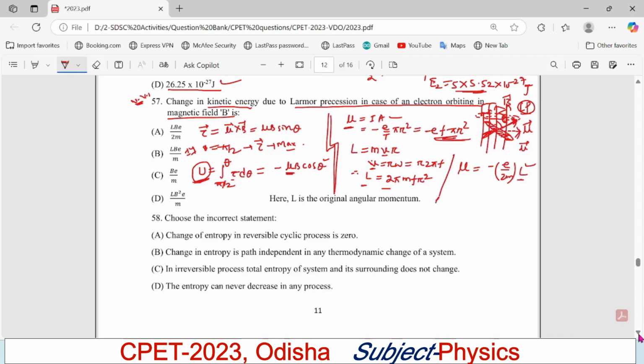So this will be e B L by 2m. You just put this value over here. So minus minus becomes plus e B L by 2m into cos theta. For theta equal to 0 degrees, the minimum energy will be e B L by 2m. So the change in kinetic energy due to electron orbiting is this minimum energy change, e B L by 2m. So the answer will be e B L by 2m. Option A will be the correct answer.